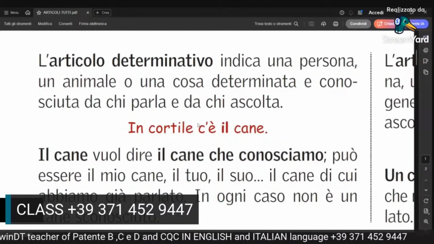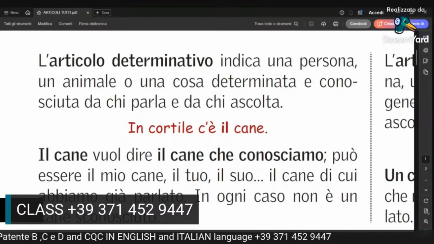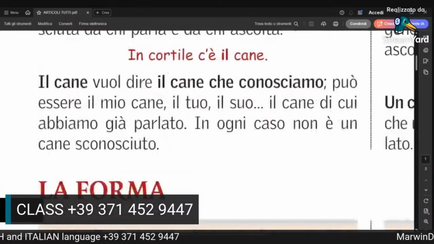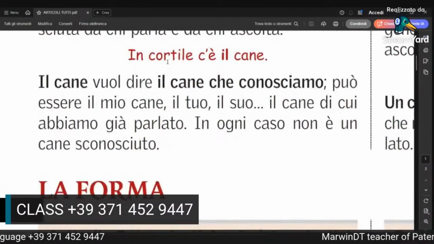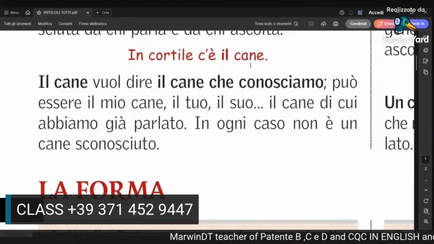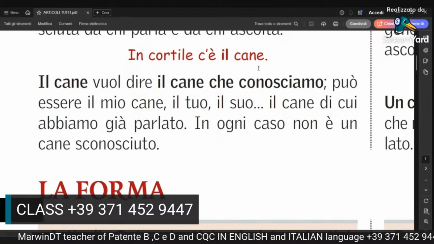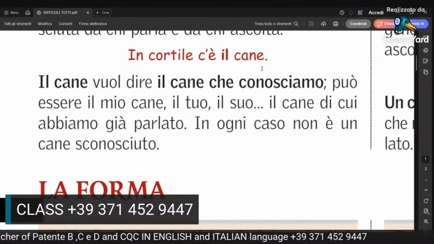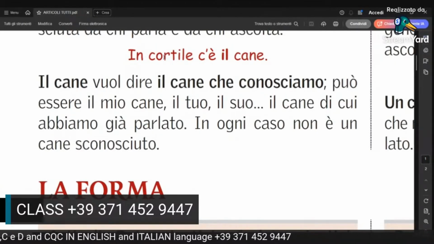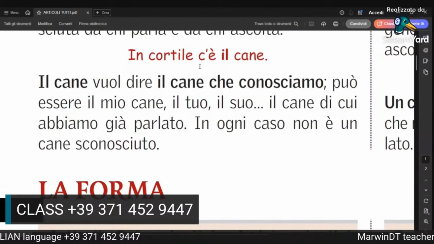Now, in the example that they have given us here, it says, in cortile c'è il cane. What does it mean? It means in the courtyard there is a dog.